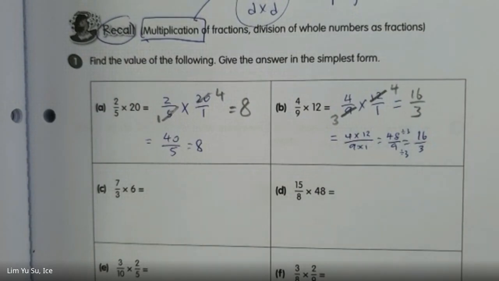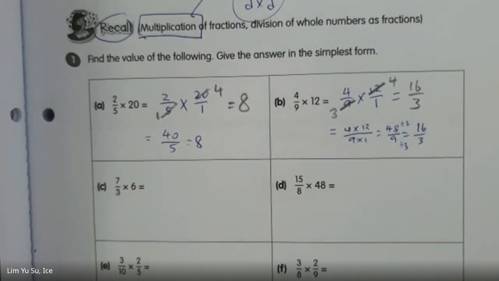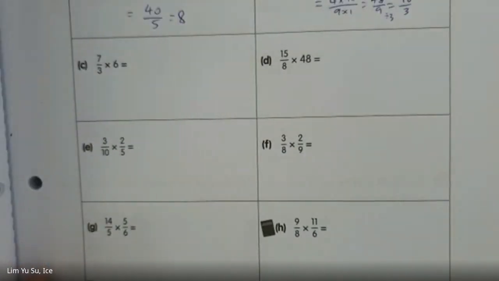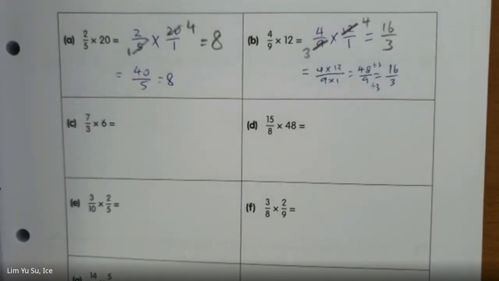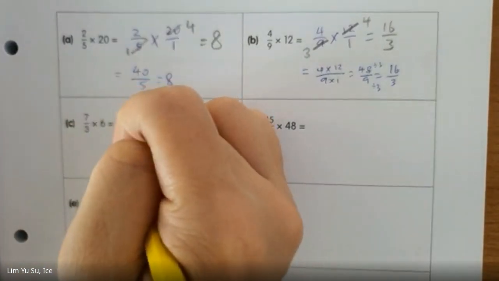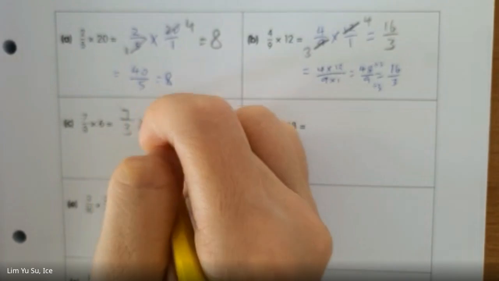Especially if they have common factors. So I will choose to simplify because it's quicker. So 7 over 3 times 6 over 1.